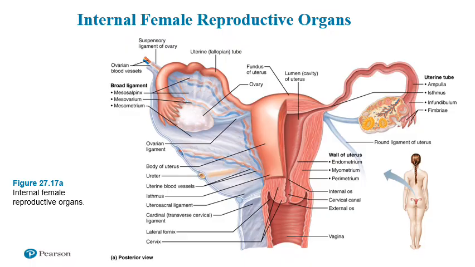During ovulation, the uterine tube captures the oocyte. The fimbriae sweeps it in, and with the peristalsis of the uterine tube, the oocyte is carried right through the tube.